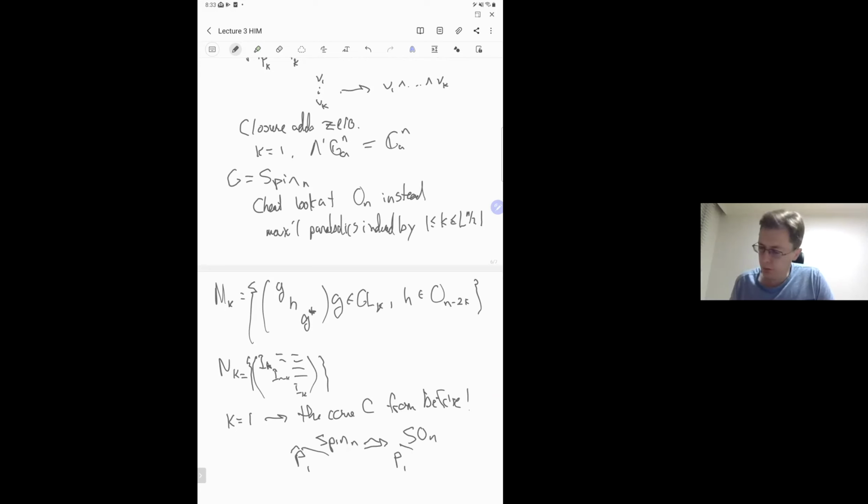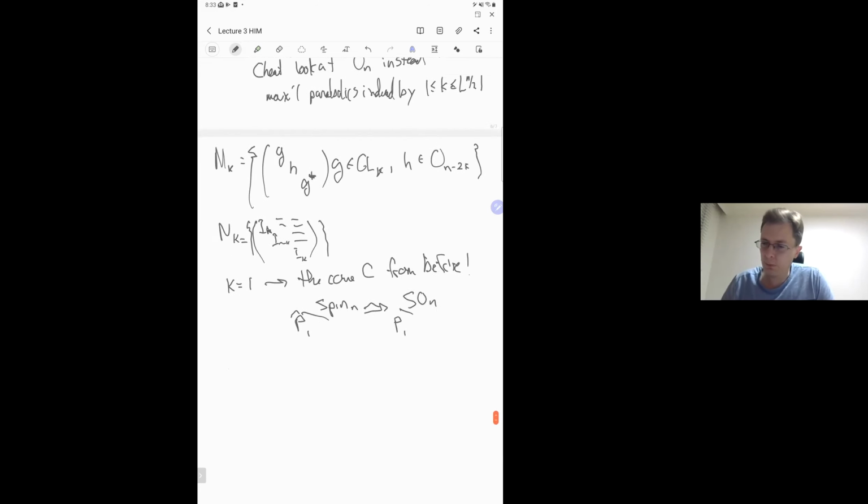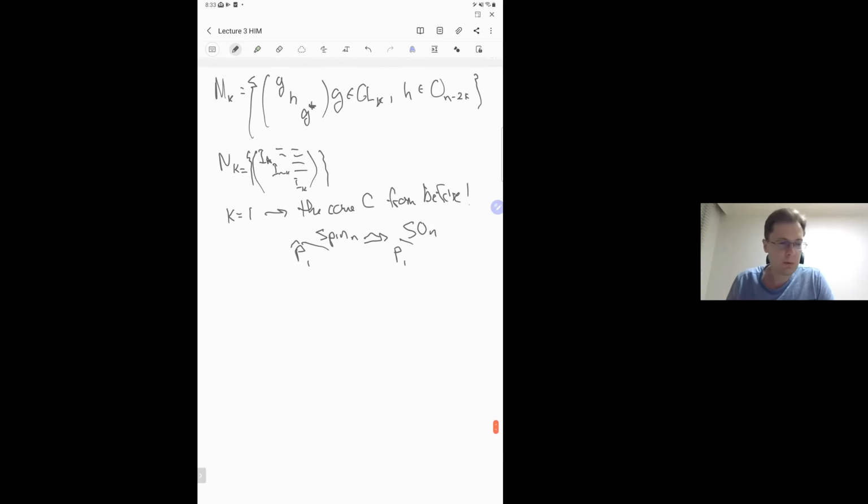Okay, and then one more example, and in some sense, if I want to ignore exceptional groups, this is the only other example, and that's when G is equal to SP2N. So let me write this down this way.